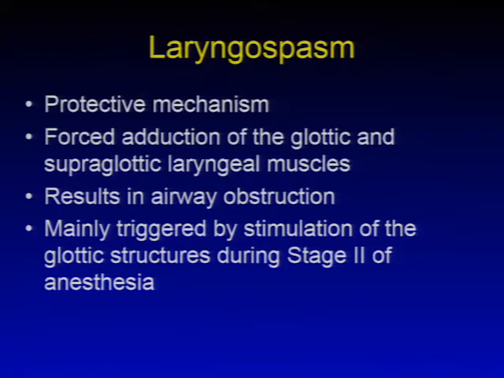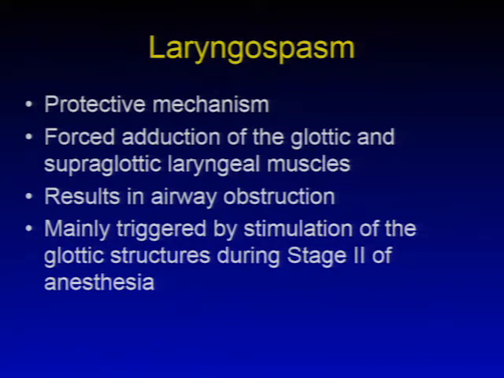Children oftentimes have recently had a cough, fever, or cold, and many times this makes them more prone to laryngospasm. Laryngospasm is a feared complication that can occur any time during the anesthetic, during induction, as well as on emergence after the airway is no longer protected. Laryngospasm itself is a protective mechanism.